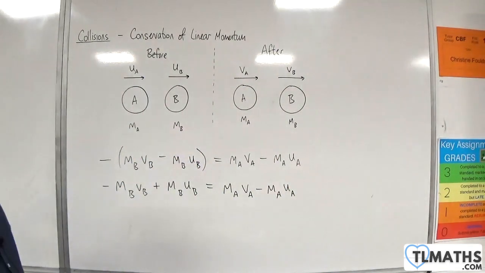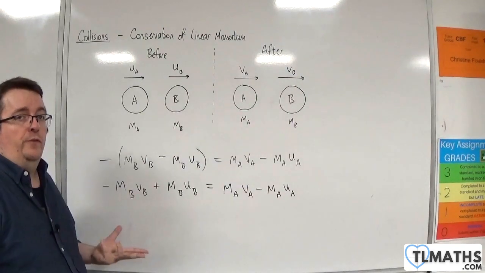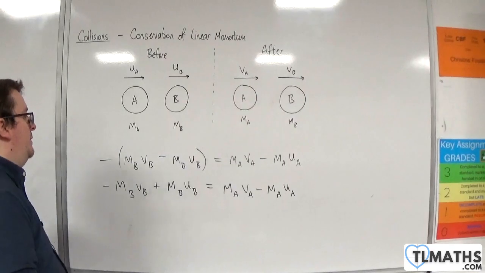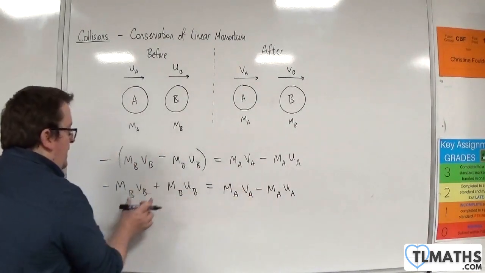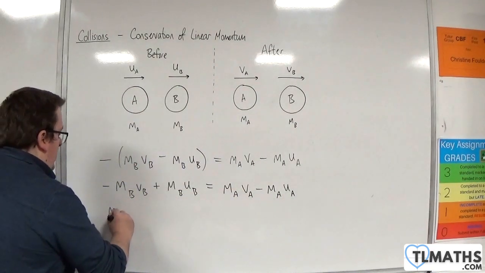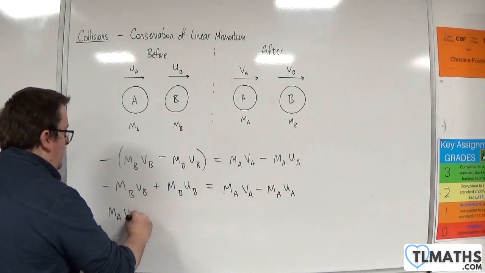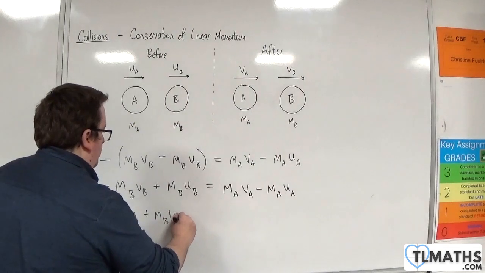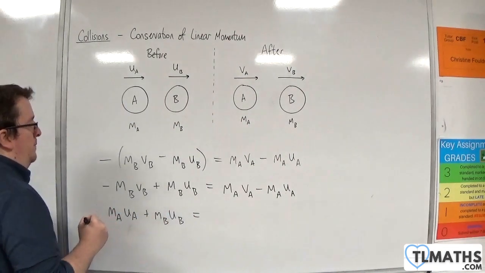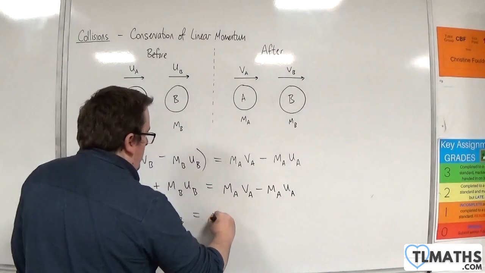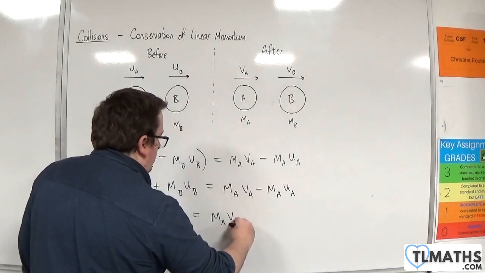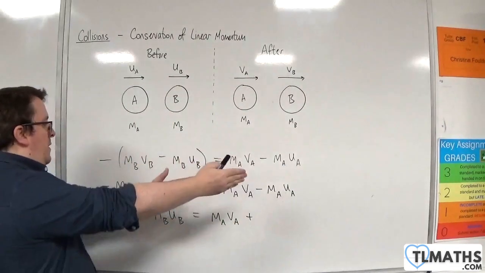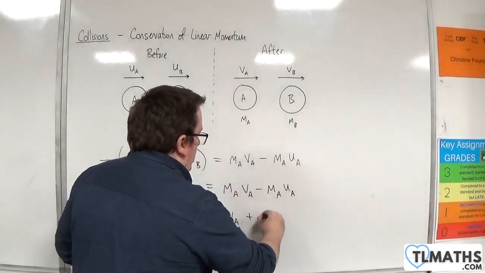Now I'll rearrange it so that we've got all the initial velocities on the left-hand side and all the final velocities on the right-hand side. So I'll add that term to the left-hand side, so I'll have MA times UA, plus MB times UB, and that's equal to MA VA, and moving that term onto the right-hand side, plus MB VB.